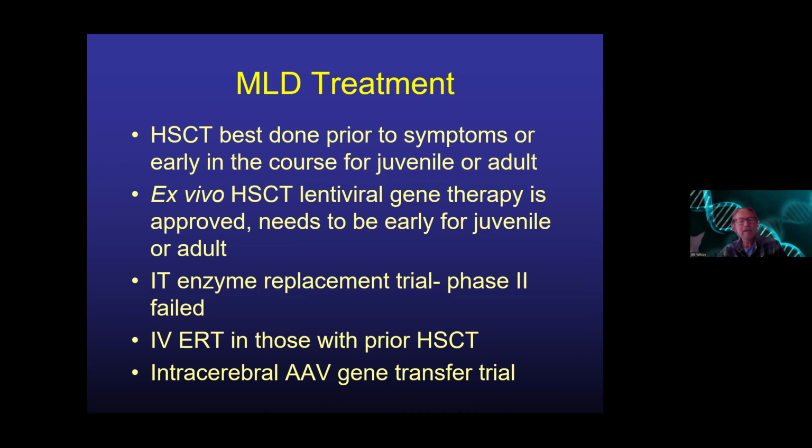They harvest those, then they transfect them using a lentiviral vector that will integrate into your DNA, unfortunately a little bit too randomly, but that puts a gene in, and so therefore those cells express a lot of enzyme, unlike a bone marrow transplant. It's like a transplant, it needs to be done early, but it's going to express a lot more enzyme and does better than standard bone marrow transplant has done in the past.